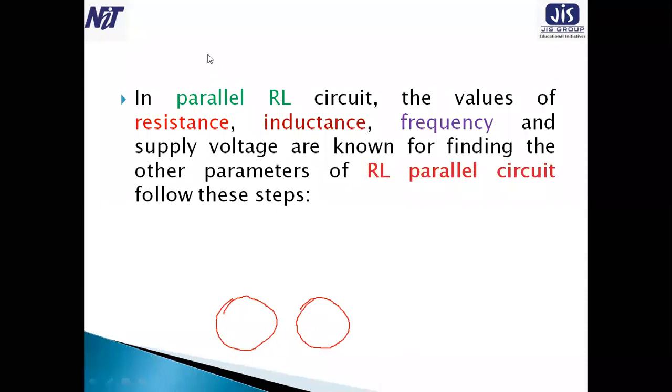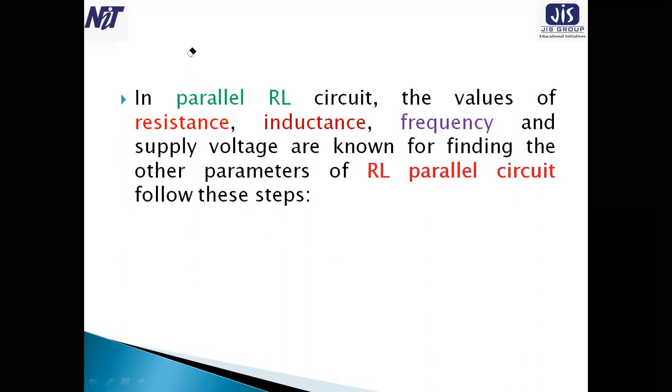Now, in a parallel RL circuit, the values of resistance, inductance, frequency, and supply voltage are known for finding the other parameters of the RL parallel circuit.